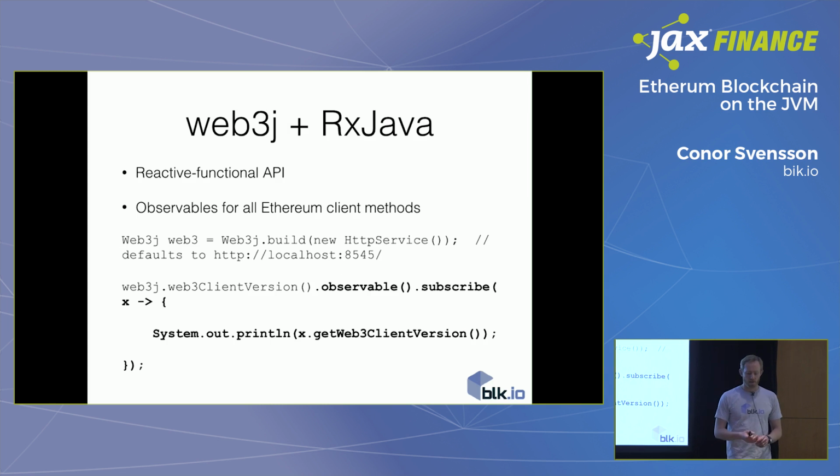Okay, so I touched on the smart contracts and how to get going with Web3j. The other thing that I wanted to talk about was its usage of RxJava. So the RxJava library was something that came out of Netflix, and it's been around for a while now. But what it does is provide what they call observables, which is really a take on the observer pattern.